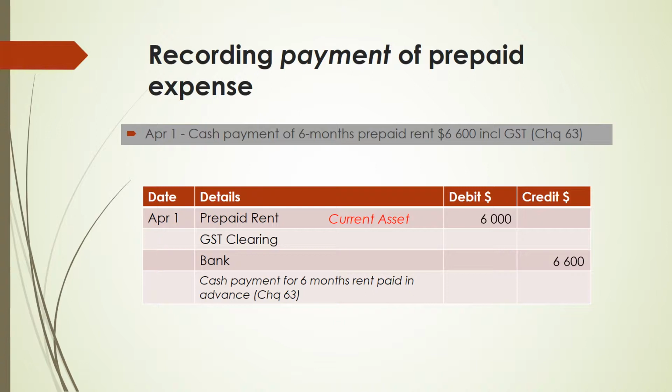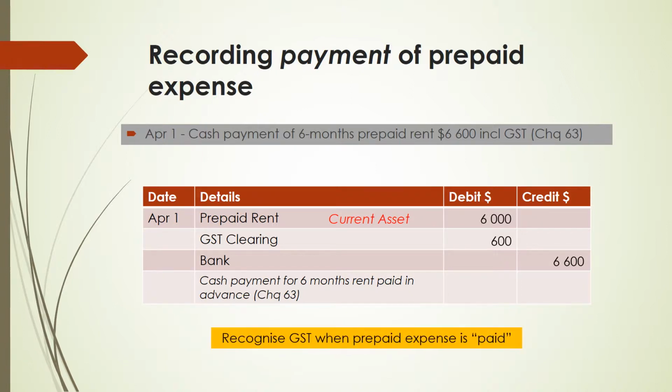It is a current asset to the business because we are expecting to receive the economic benefits from renting the property in the next few months. Then we also recognize the GST, which was $600, that is debited to the GST clearing account. Please take note that the GST is recognized when the prepaid expense is paid for.